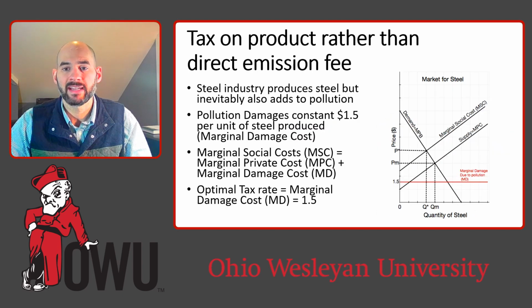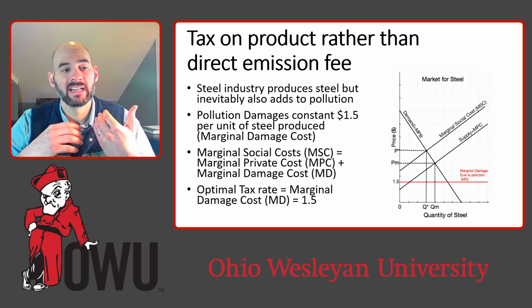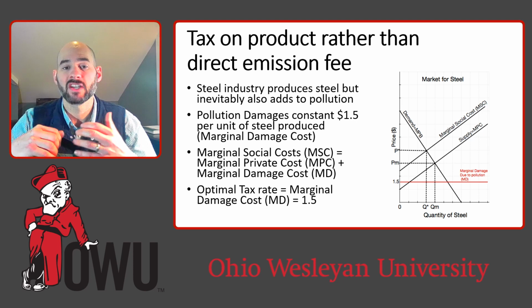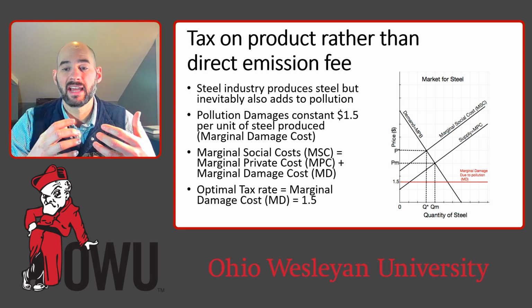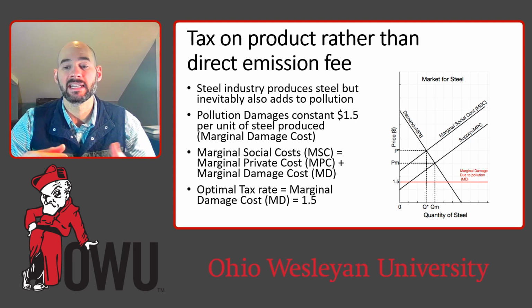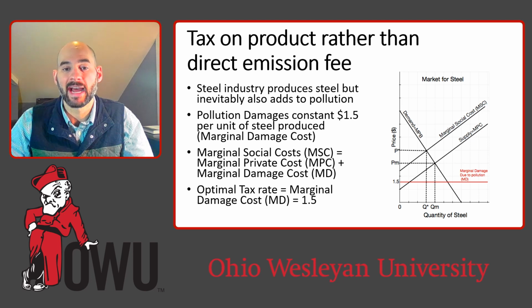So if we think of production as being directly tied to pollution, and we know that there's a defined relationship between pollution and production of a good, such as with our steel industry example, then we can set the tax equal to a negative externality or a subsidy equal to the value of a positive externality as a way to correct for that externality and bring the market back into its socially desirable equilibrium.